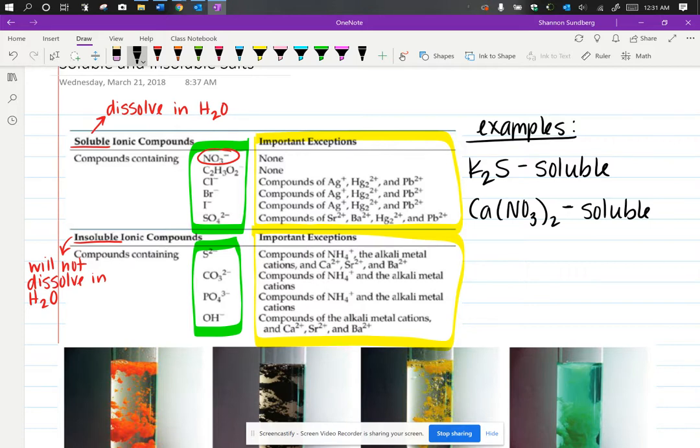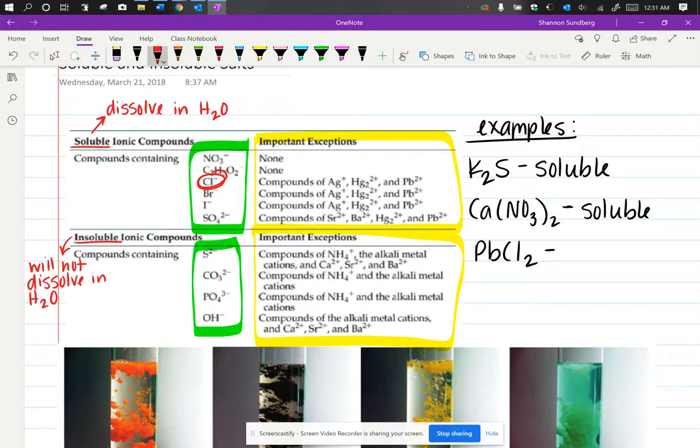Let's look at this next one here. How about lead chloride? Lead 2 chloride. Okay. Find your anion right here. So normally chlorine is going to dissolve in water. Are there any exceptions to this rule? Yep. So if chlorine is paired up with silver, which is Ag, mercury, which is Hg, and lead, which is Pb, then it changes from being soluble to insoluble.